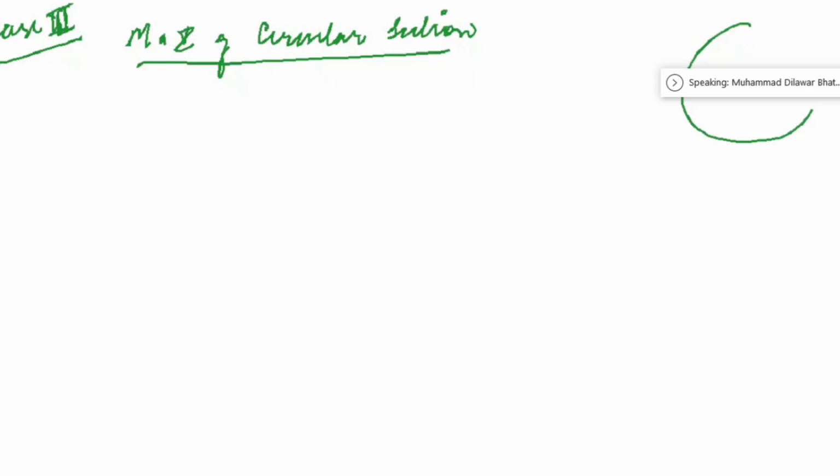Let's say we have a circle and we have to check the moment of inertia of the circular section. Let's say this is its x-axis, and let's say this is its y-axis, right?